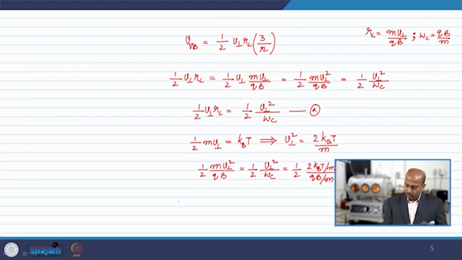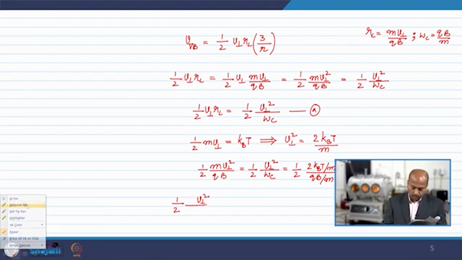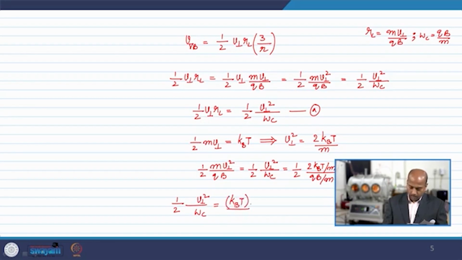So all of this, half mv perpendicular square by qb, is nothing but kBT by qb. What have we done?